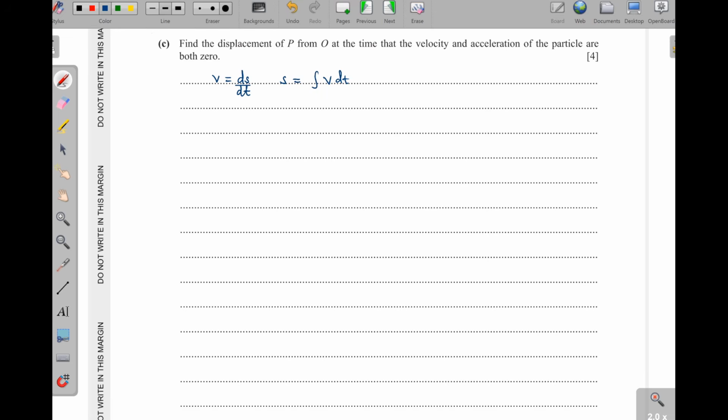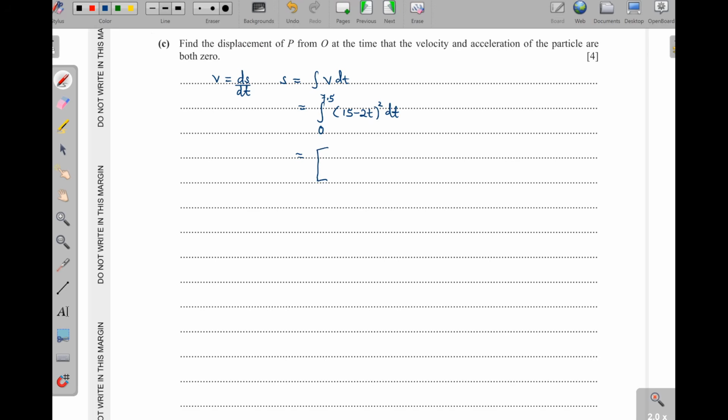So here we shall have the integral from 0 to 7.5, because that is the value of t at which both velocity and acceleration are equal to 0. So here we shall have (15 minus 2t) squared dt.